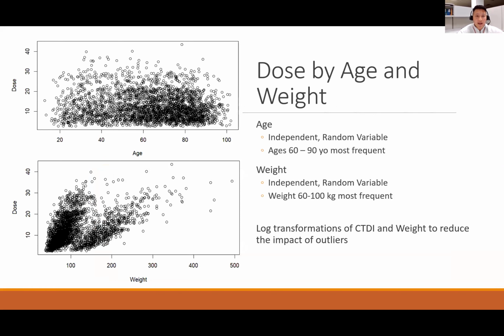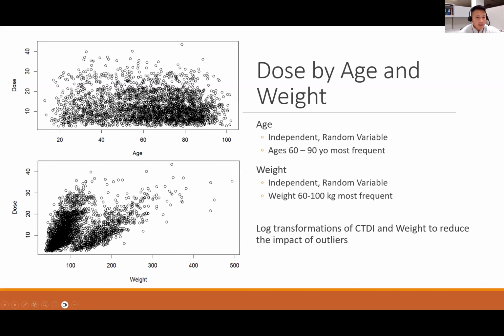Taking a look at the data, here's the dose versus age and weight. What we're seeing with dose versus age is that most data points are in the 60 to 90-year-old range, possibly because they are more prone to incidents or have more health issues, or for younger patients, maybe we're more cognizant about prescribing a dose for them.